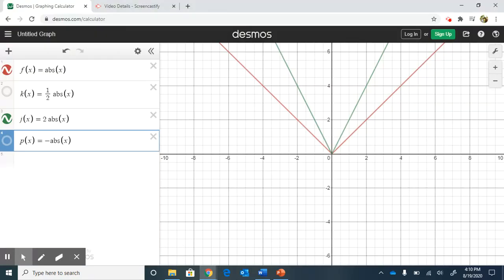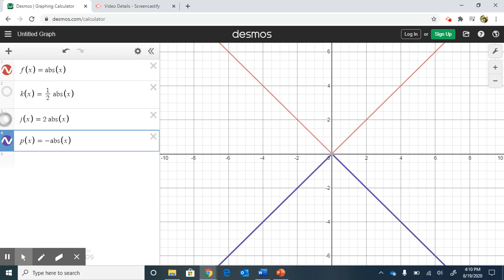So this is when a is less than 0. If a is less than 0, we're going to be looking at a negative number. So there is our vertical dilation. We pretty much just reflected over the y-axis for that one.